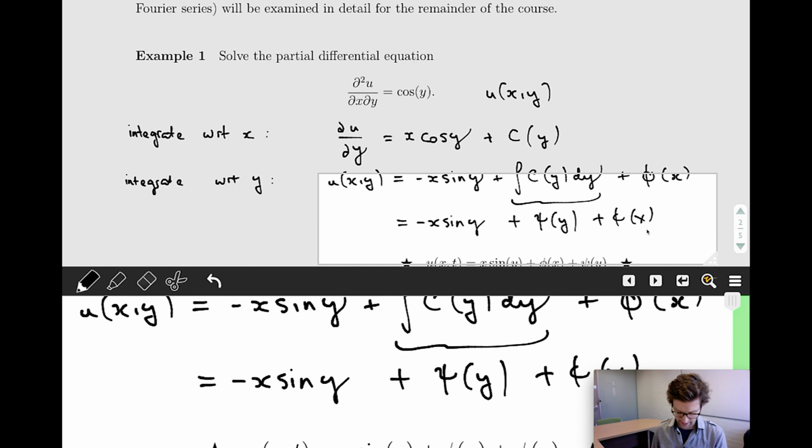And phi and psi here are unknown functions that are going to have to be determined using initial conditions. So we're going to see in solving partial differential equations that boundary conditions and initial conditions play a really important role in forming the solutions.